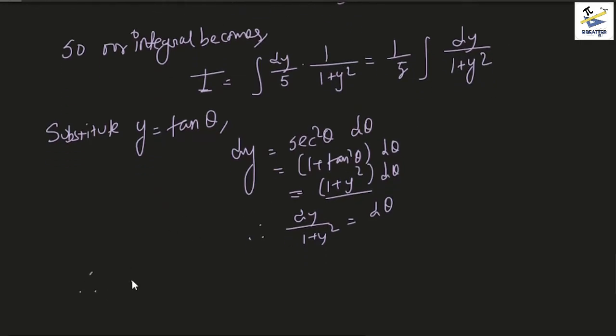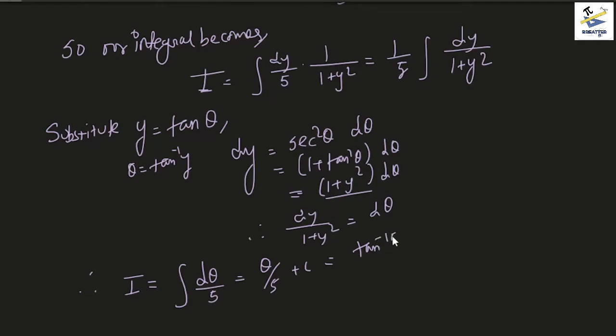So therefore I equals integral of d theta by 5, and integral of d theta by 5 is just theta by 5 plus c. But theta, as you know, if y is tan theta, then theta would be tan inverse y. Then the answer would be tan inverse y by 5 plus c.